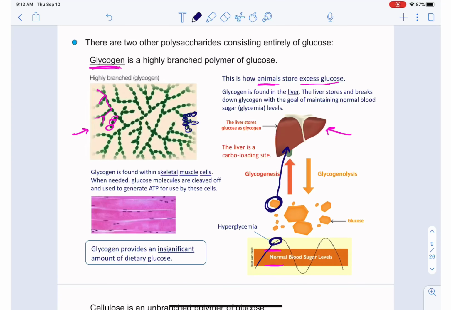So now we have glycogen that's stored in the liver. And by doing so, it's taking that glucose out of the blood, and so your blood sugar goes back down, it falls back down into normal range. And so it brings blood sugar back down where it needs to be, and now we've also stored this glucose as glycogen for later. Because then inevitably there's going to be times where you haven't eaten in a while.